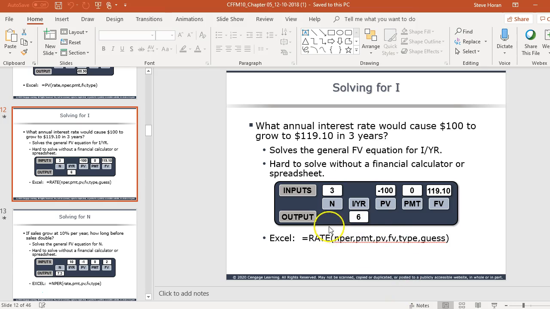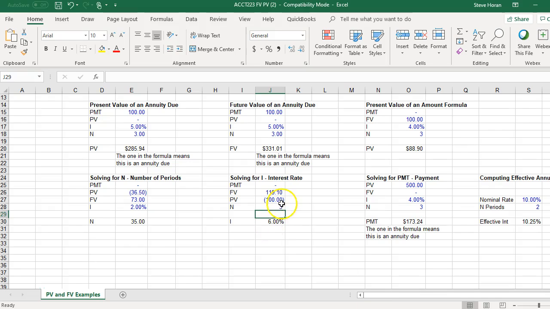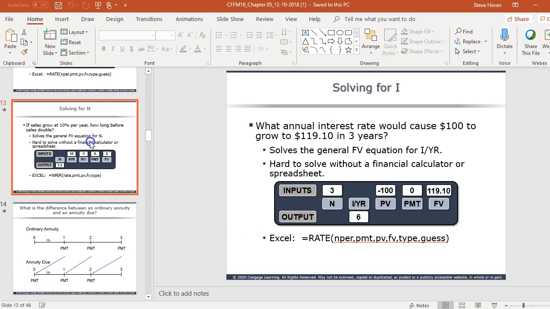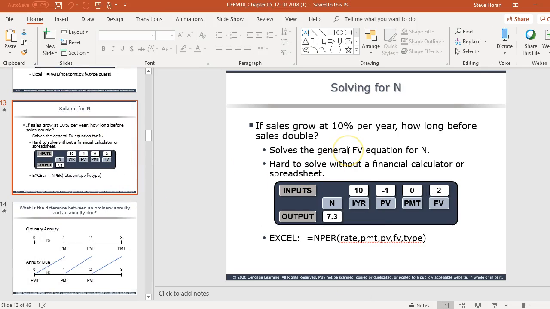You can see 6% is the answer right there. That was called the rate formula. With these ones down here in this bottom row, the key is one of these is a negative and one's a positive. So I entered that future value as a positive, present value as a negative, and it worked out.